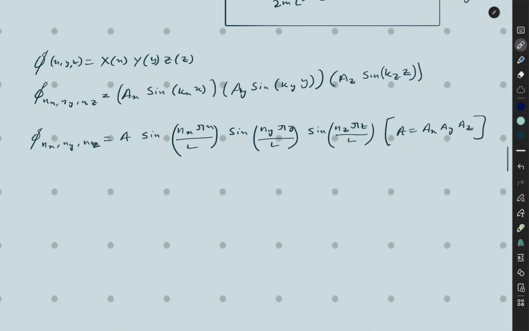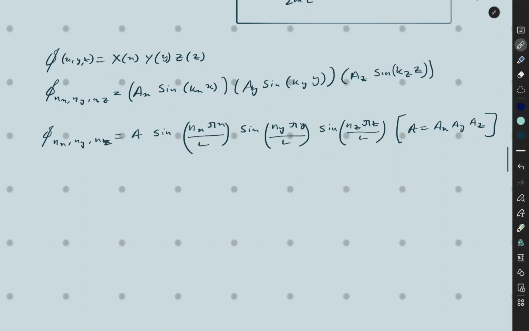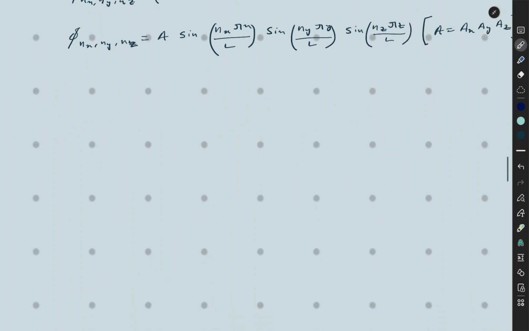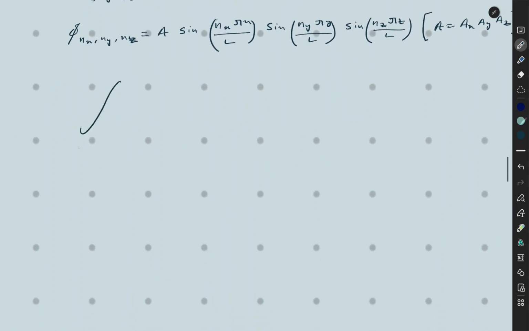So now to find the value of constant A, we use the condition that the total probability of finding the particle in the box is 1, that is normalization. So now we will integrate this inside the box. So phi square dv equal to 1.